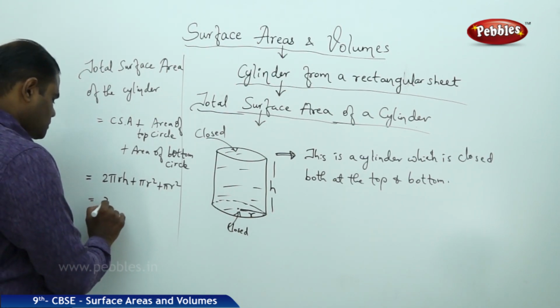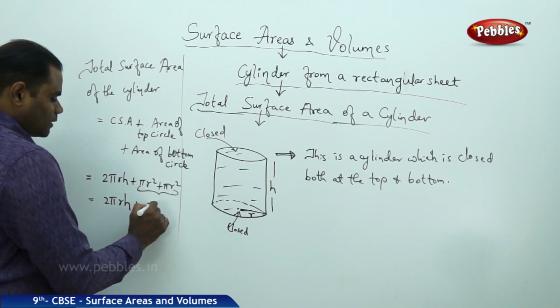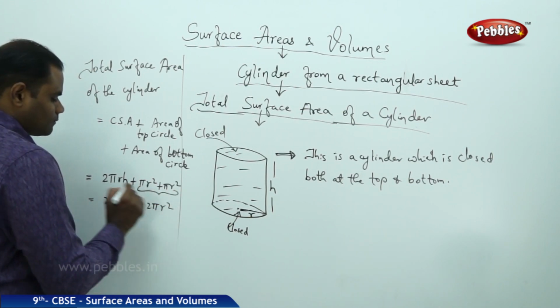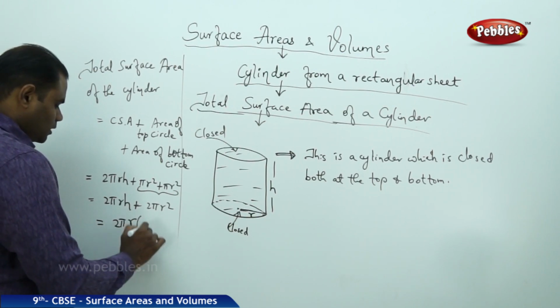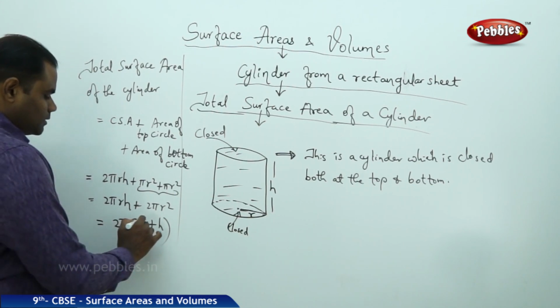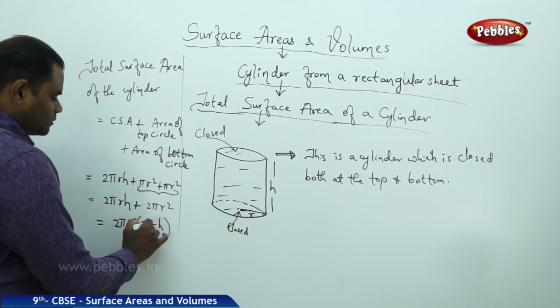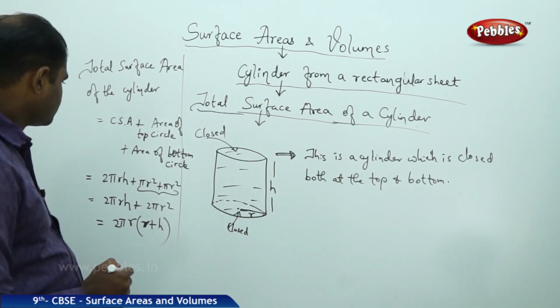So here this can be simplified. Pi r square plus pi r square is 2 pi r square, which can be further simplified by taking 2 pi r common, or h plus r. Interchanging r and h, I get 2 pi r into r plus h.